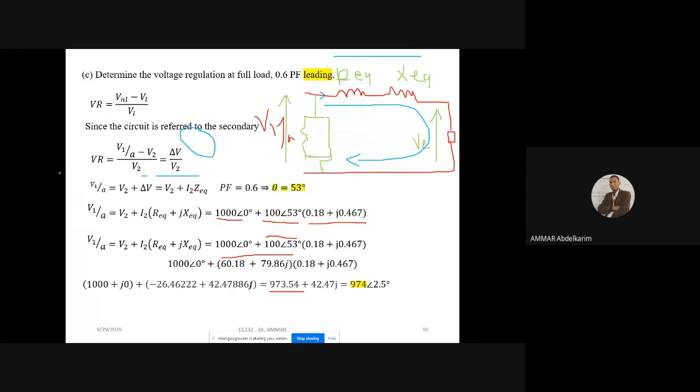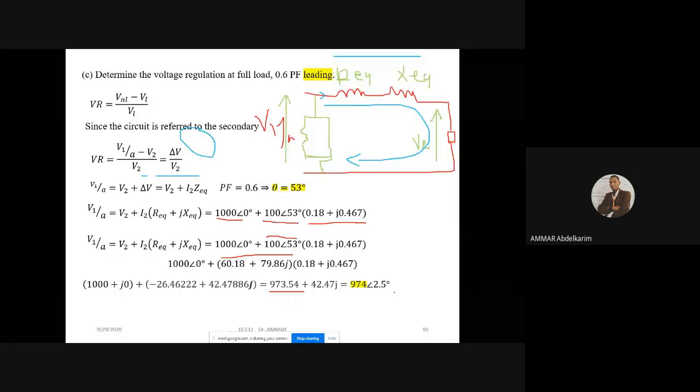This is V1 over A. Here we said that the voltage drop can be positive or negative, and here the voltage drop was negative.